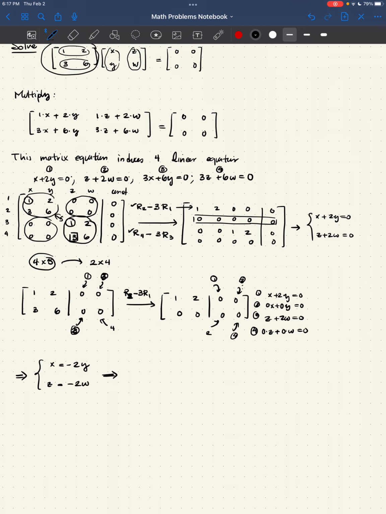So from here we get that a solution x, y, z, w actually looks like this: negative 2y, y, negative 2w, w, which in turn I can decompose as y times (negative 2, 1, 0, 0) plus w times (0, 0, negative 2, 1).